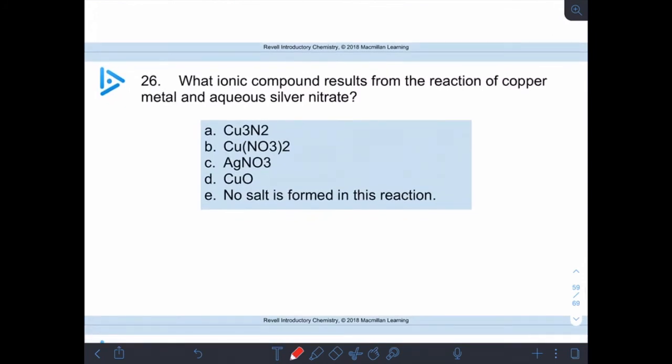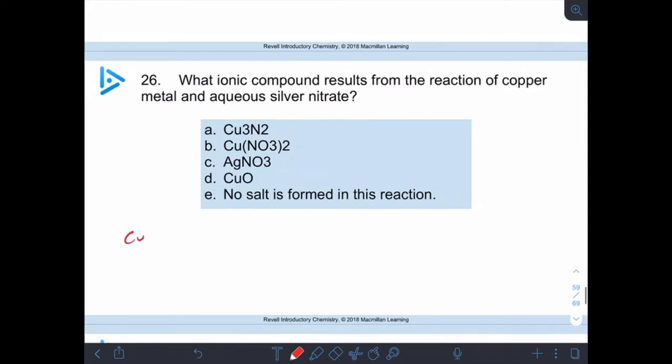Okay, what ionic compound results from the reaction of copper metal with aqueous silver nitrate? So we want to write out an equation. So solid copper metal, solid Cu, plus AgNO3, it tells us that it's aqueous. Okay, so what type of reaction do we have when we are starting with a single metal and we do a single displacement?